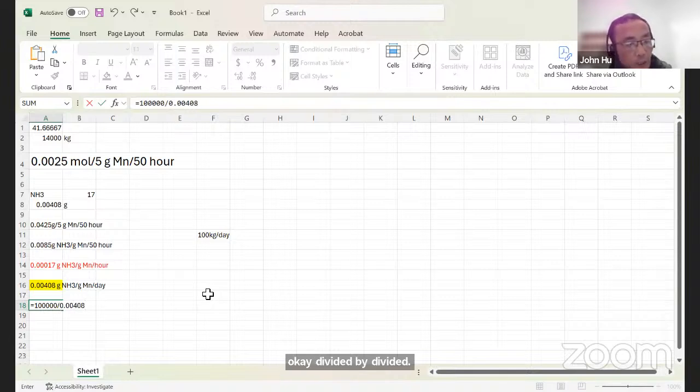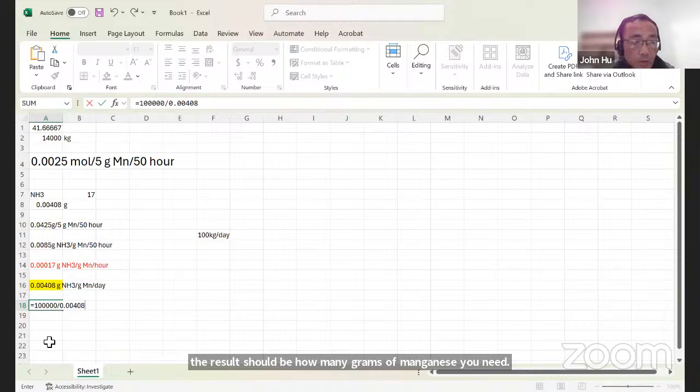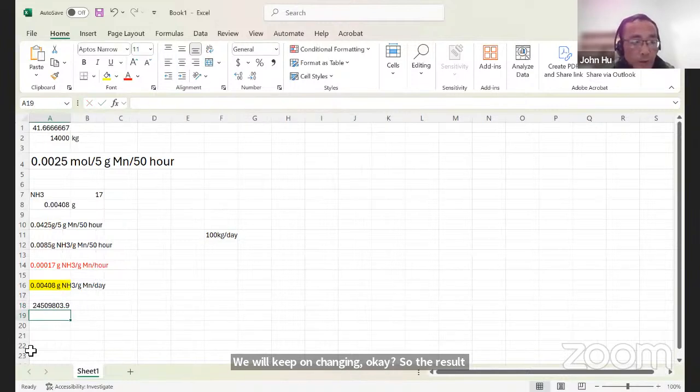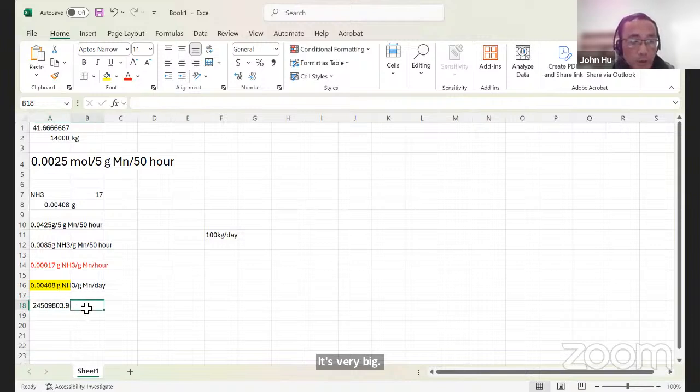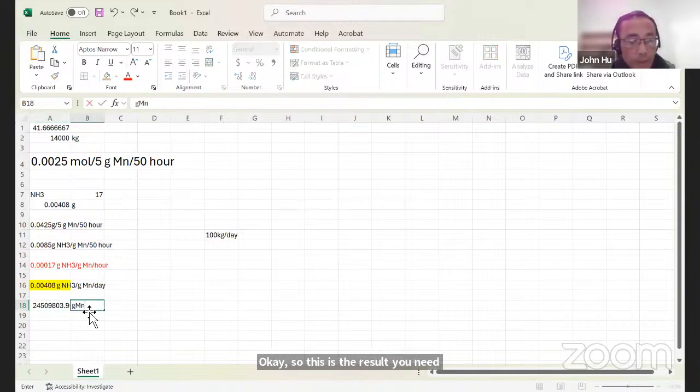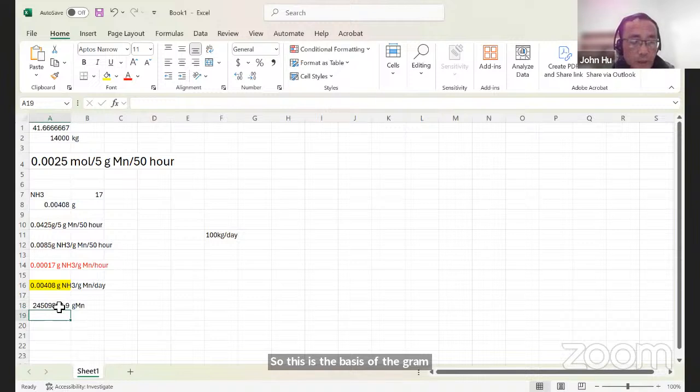The result should be how many grams of manganese you need. We will keep on changing. The result is very big. This is what you need, basically the gram of manganese. So let's change this from gram to ton.